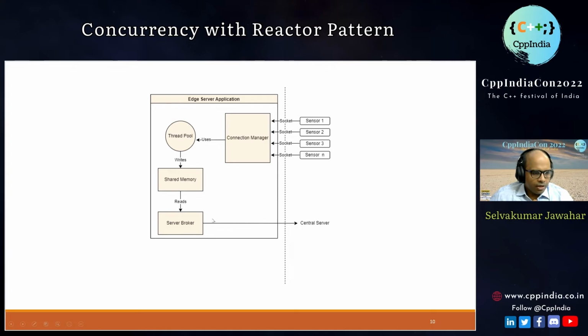And then there is another thread which runs a server broker, which reads from the shared memory and writes the data to the central server. So this is a very commonly used design for server-client communication, where we have a thread pool which manages the connections, and you collect the data.